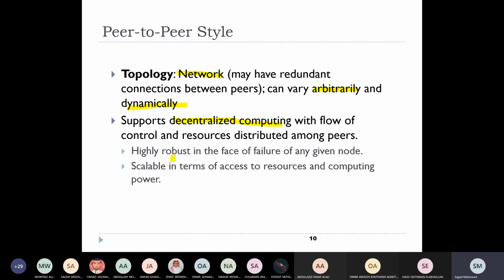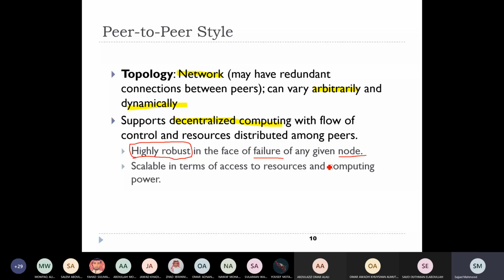As a result, they get some interesting properties. One of them is that they are highly robust in the face of a failure of a given node. If one of the peers somehow fails or is forced to leave the network, because of the decentralized nature of the P2P style, the network can survive.